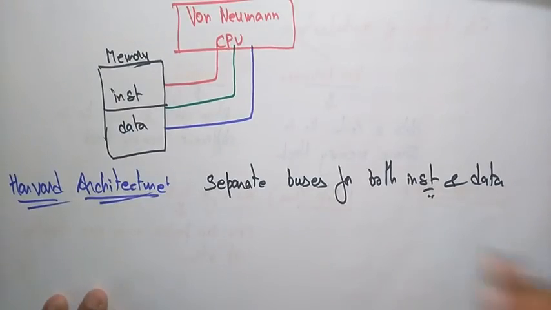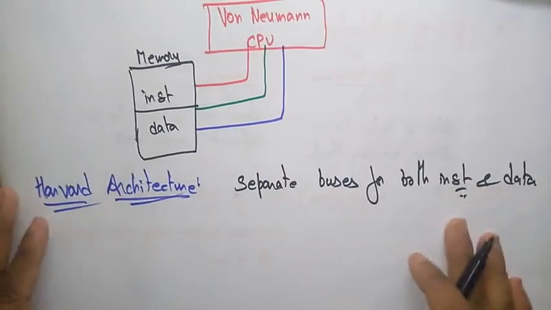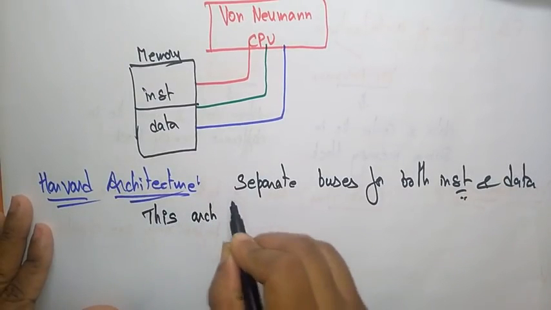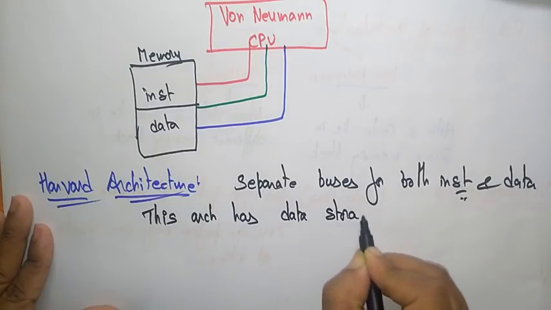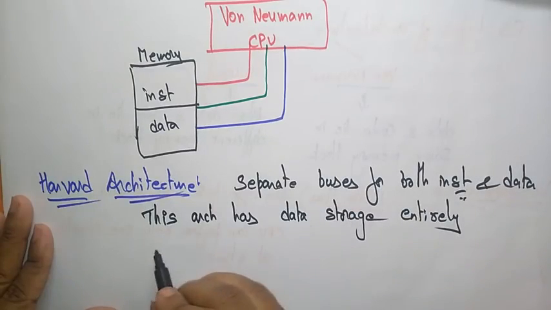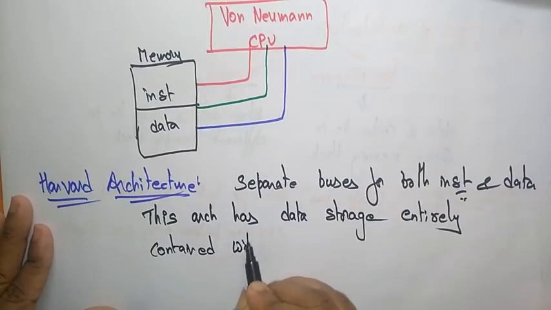Data can be accessed by one bus and the instruction memory can be accessed by another bus. This architecture has data storage entirely contained within the CPU. Remember this point, within the CPU.